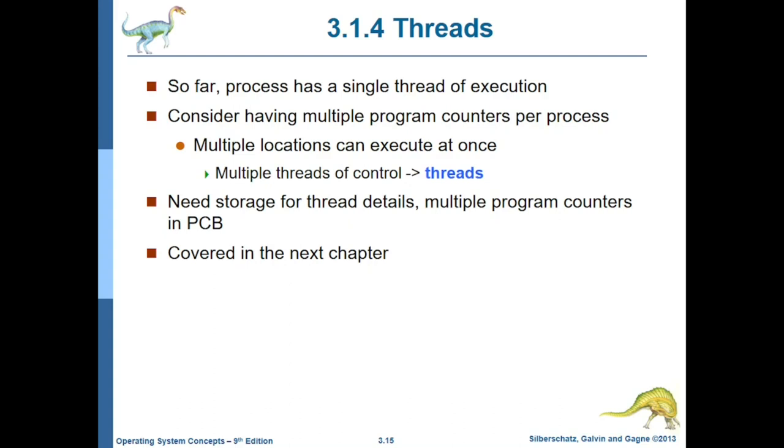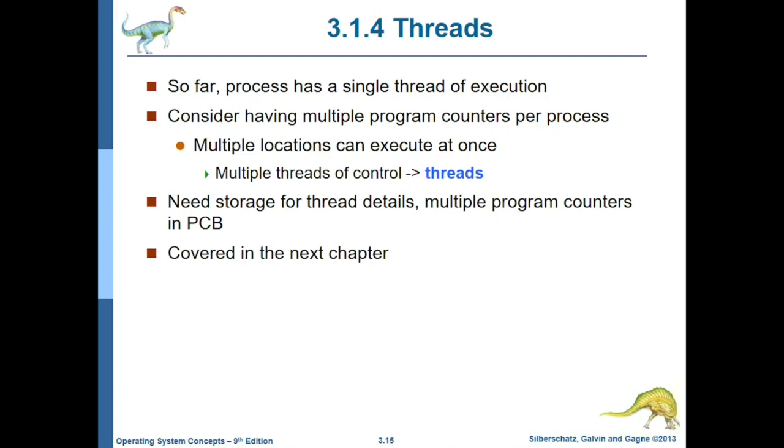A thread is a unit of execution within a process which has its own program counter and stack. A process can have multiple threads of execution, each with its own program counter and stack. These threads can run independently or cooperatively within the same process.